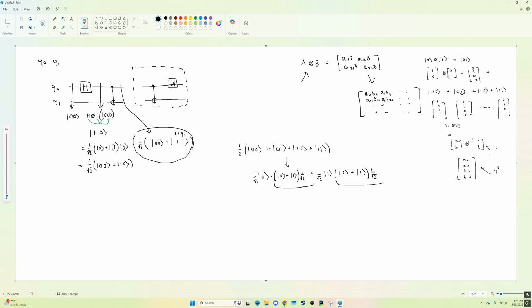If you factor it again, this is the exact same thing as this. So we can bring this left side onto one factor, and we have 1 over square root of 2 ket 0 plus 1 over square root of 2 ket 1 times the exact same thing. If we pull out the 1 over square root of 2's as such, we get ket 0 plus ket 1, and 1 over square root of 2 times ket 0 plus ket 1.